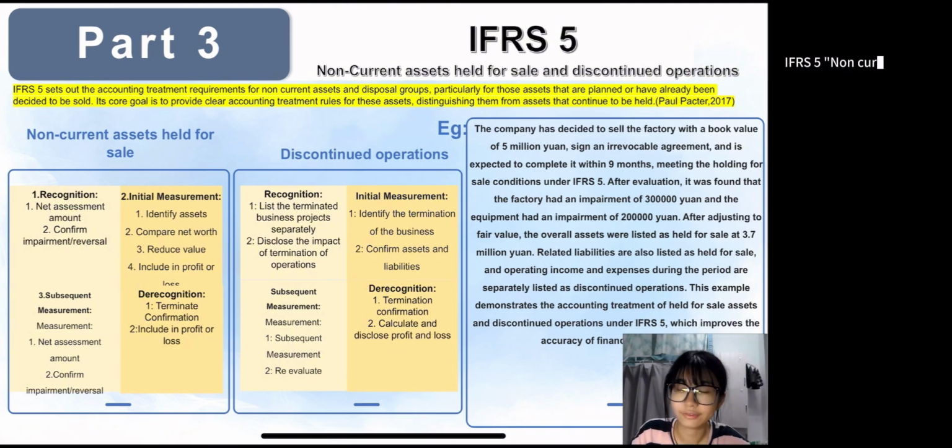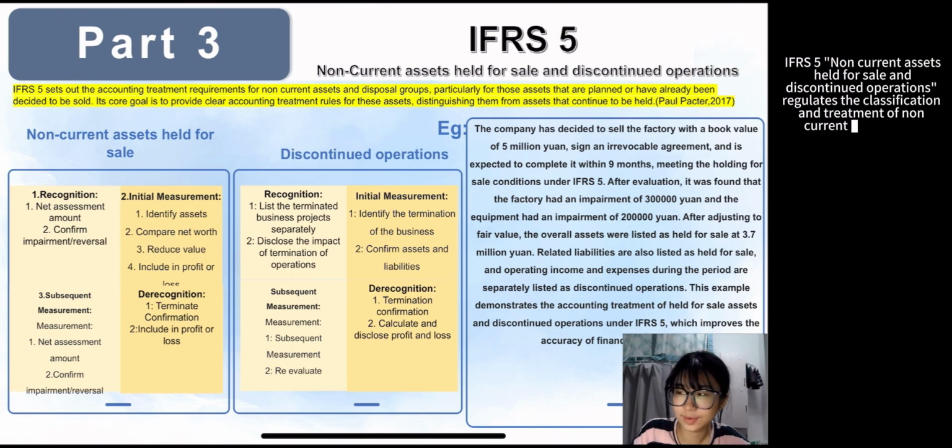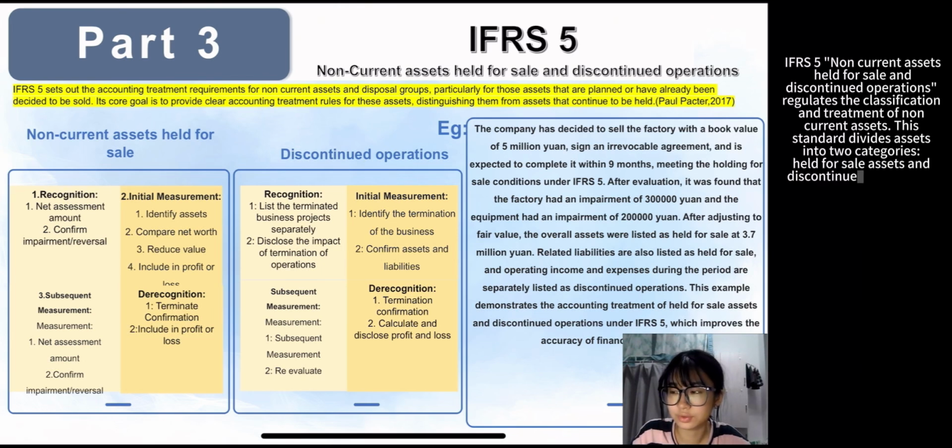Next, IFRS 5, non-current assets held for sale and discontinued operations, regulates the classification and treatment of non-current assets. The standard divides assets into two categories: held for sale assets and discontinued operations. They are required to be measured at fair value less cost of sale.